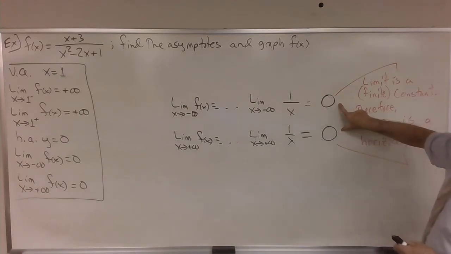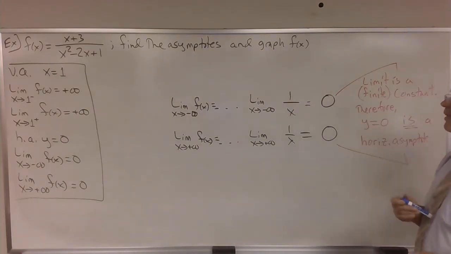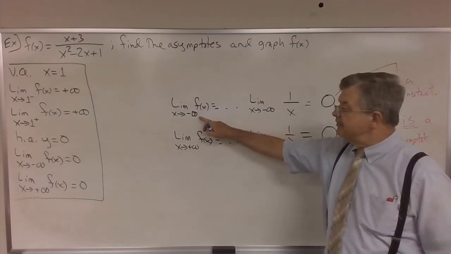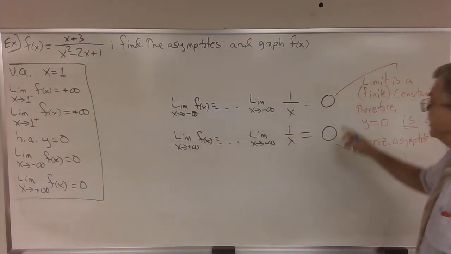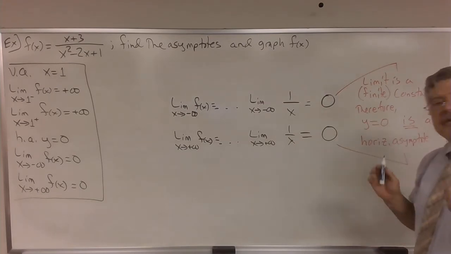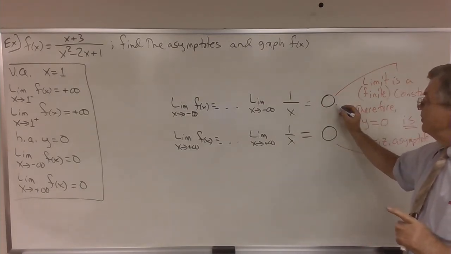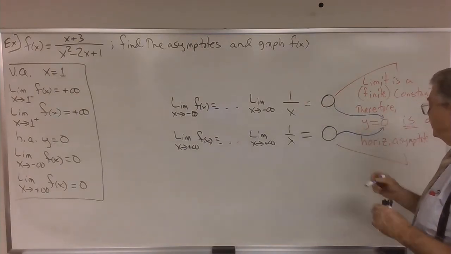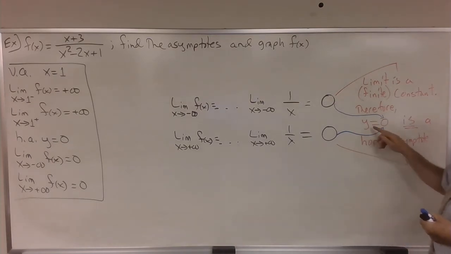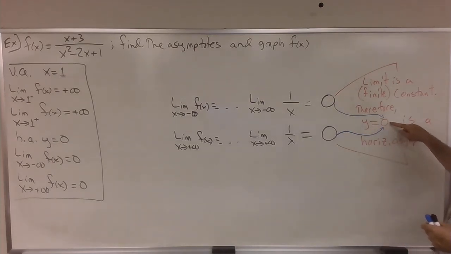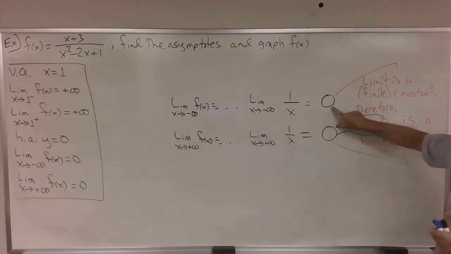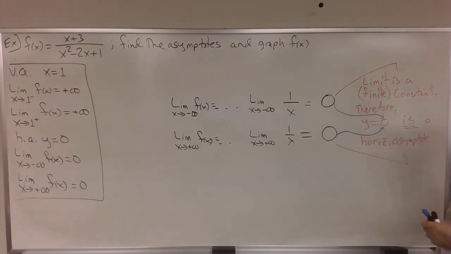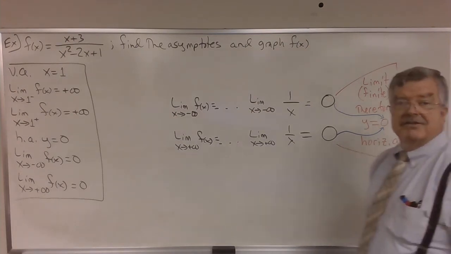And the limits turned out to be 0. So it's no coincidence that what the limit turned out to be is what our horizontal asymptote is. Y equals 0. Where did this 0 come from? That was the limit of f of x as x went to plus infinity and minus infinity. I just wanted to sort of beat that into the ground if I could.